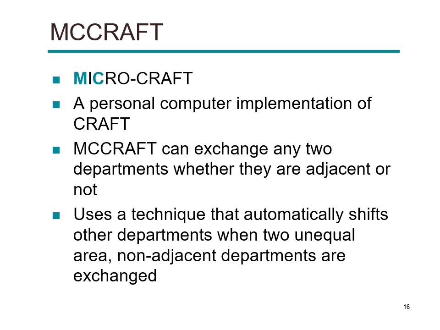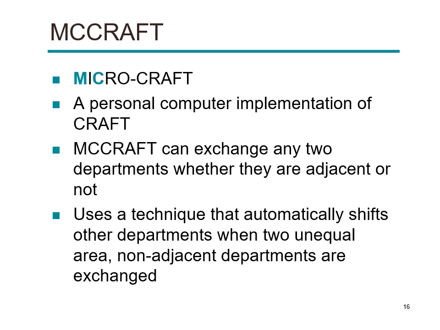But the main difference of MCCraft from Kraft is that in MCCraft, you can exchange any departments with each other. In Kraft, you can only exchange 2 departments if they share a border or if they have the same size. But in MCCraft, these conditions need not be satisfied. Even in that case, you can exchange these departments.